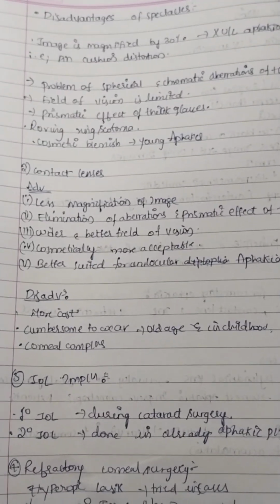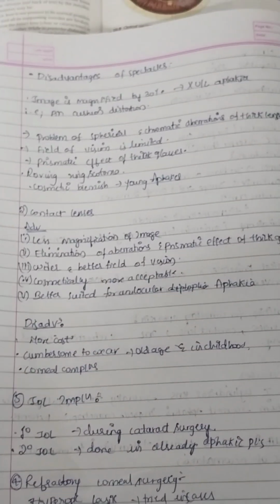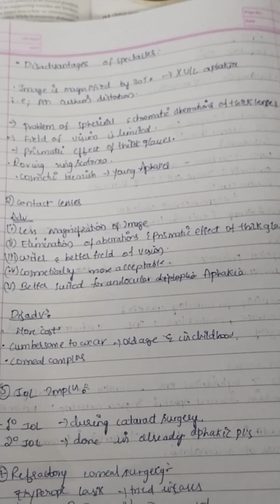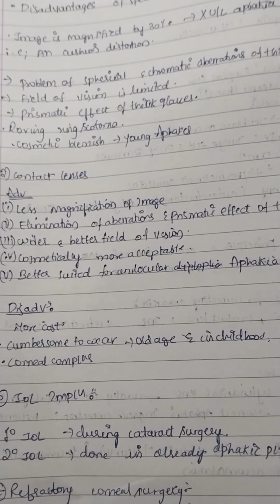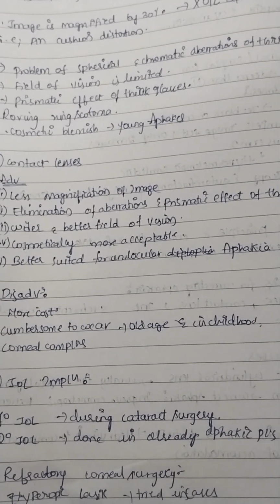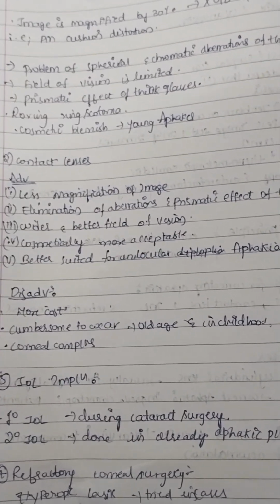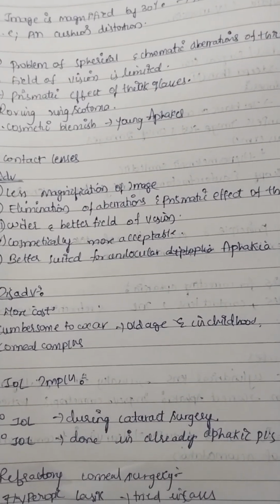You have already come across these aberrations in physics also. Field of vision is limited here, and there is a prismatic effect of thick glasses. There will be a roving ring scotoma, and cosmetic blemish in young aphakia.